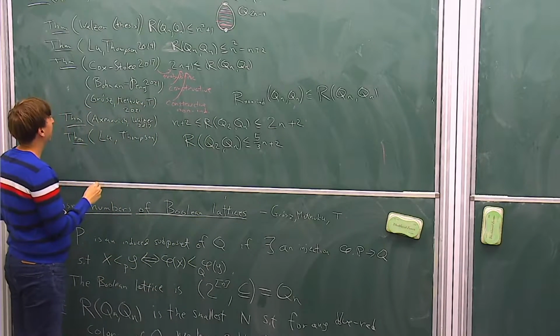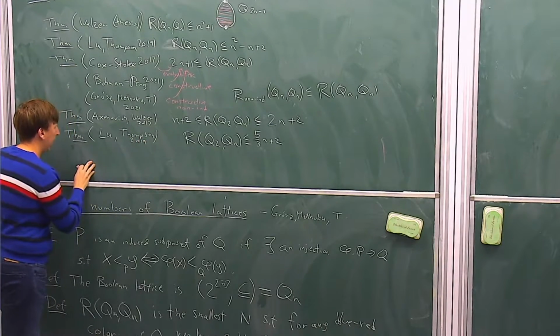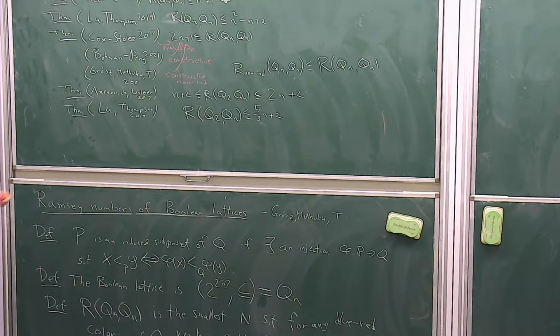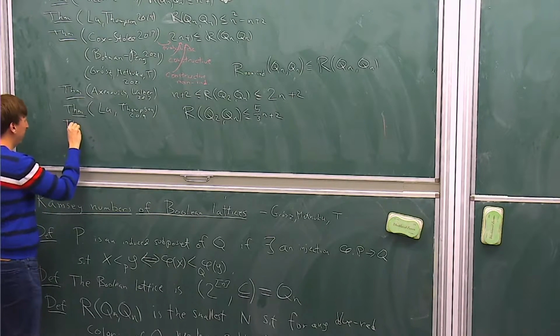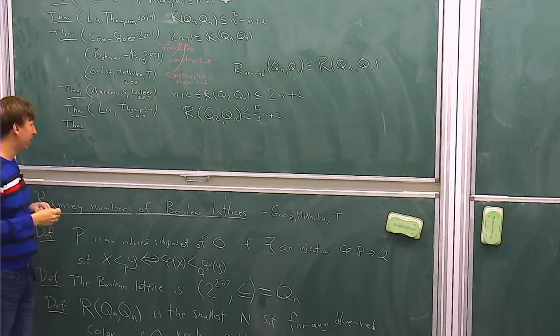This was maybe 2019. And the main result which I want to talk about today is that we improved this upper bound from 5/3 n to n, which gives the sharp asymptotic.